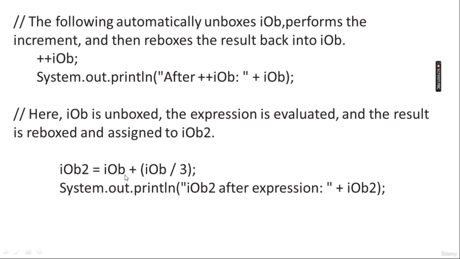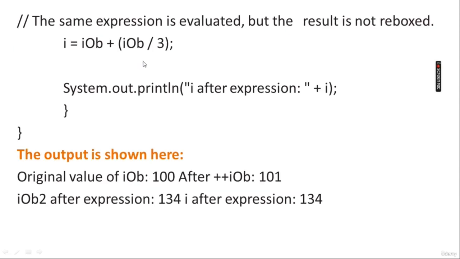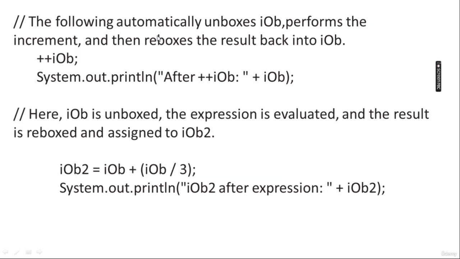IOB is unboxed. So its primitive value is first incremented and then stored. So the value is 101. 101 plus 101 divided by 3 is stored into I object 2. And the output is stored into I object 2.